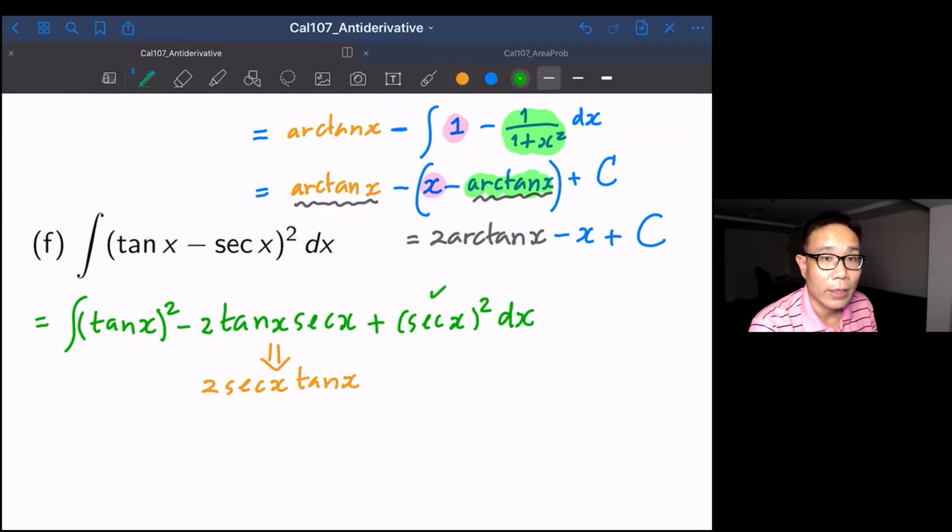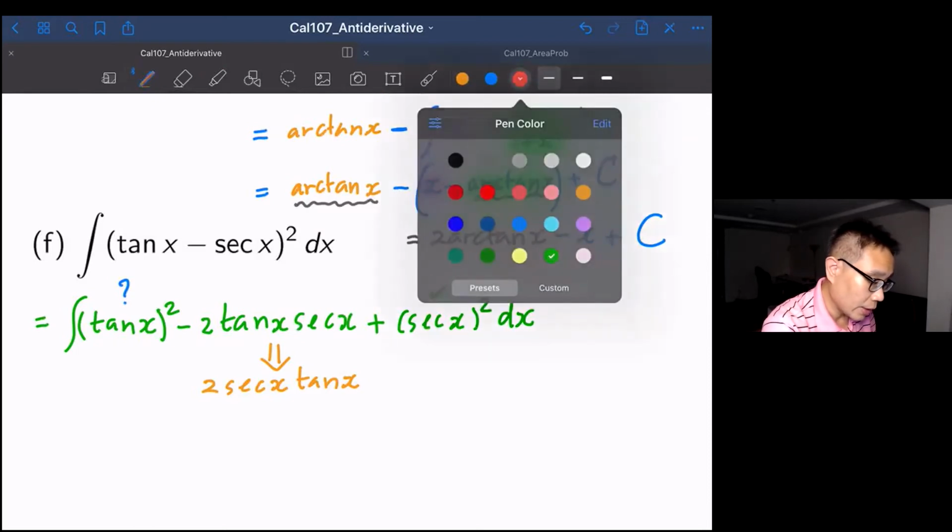Integrate secant squared is tan, we have learned before. So we have the problem only with this term. Okay, so how would we integrate tan squared? So for this one, after we expand, we don't know how to integrate tan squared, but we know the identity. So we may apply the identity.